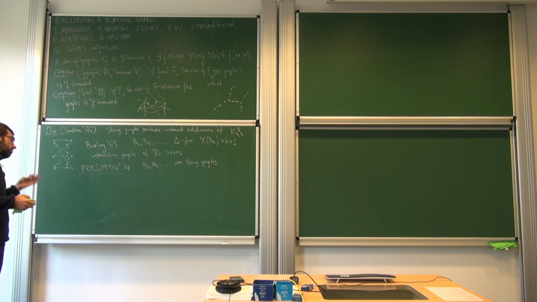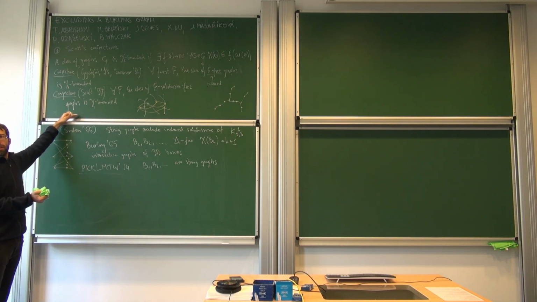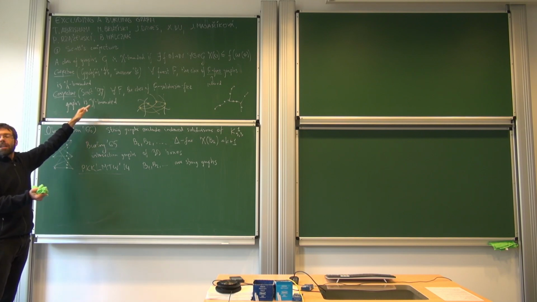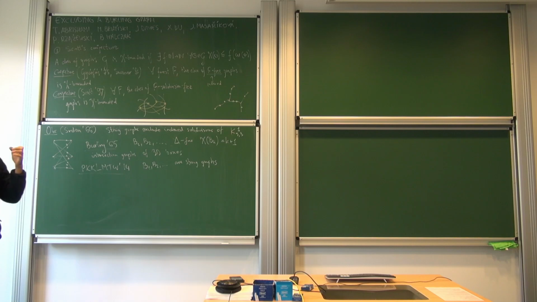So it just might be a coincidence, but maybe it is not. Okay, so yes, one could think of the following way of saving Scott's conjecture. Where does the notion of chi-boundedness come from? It comes from the fact that if the chromatic number is large, then we want to have a bounded size witness that it is large.